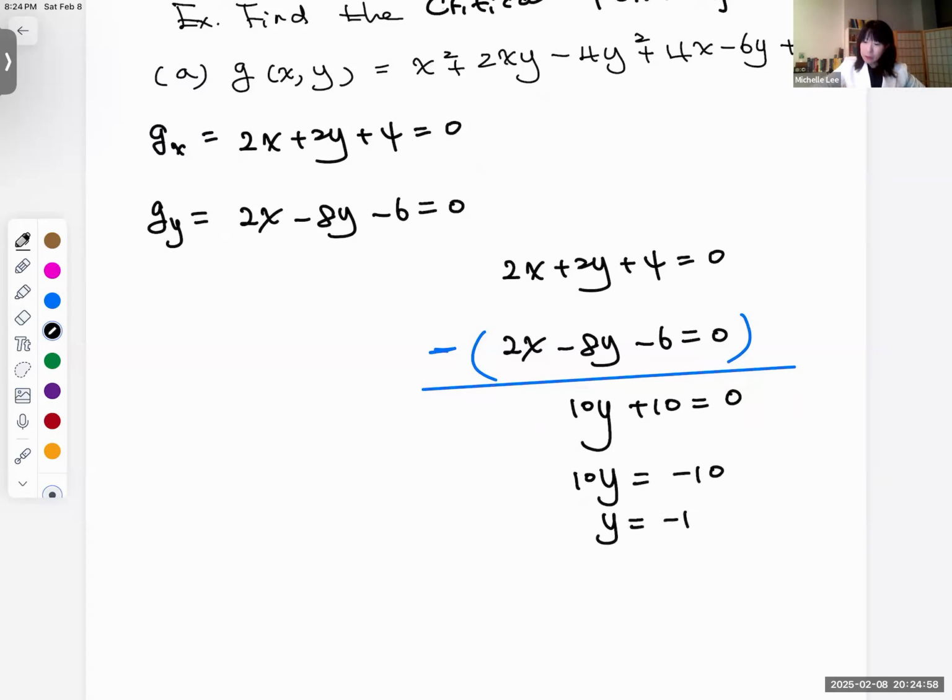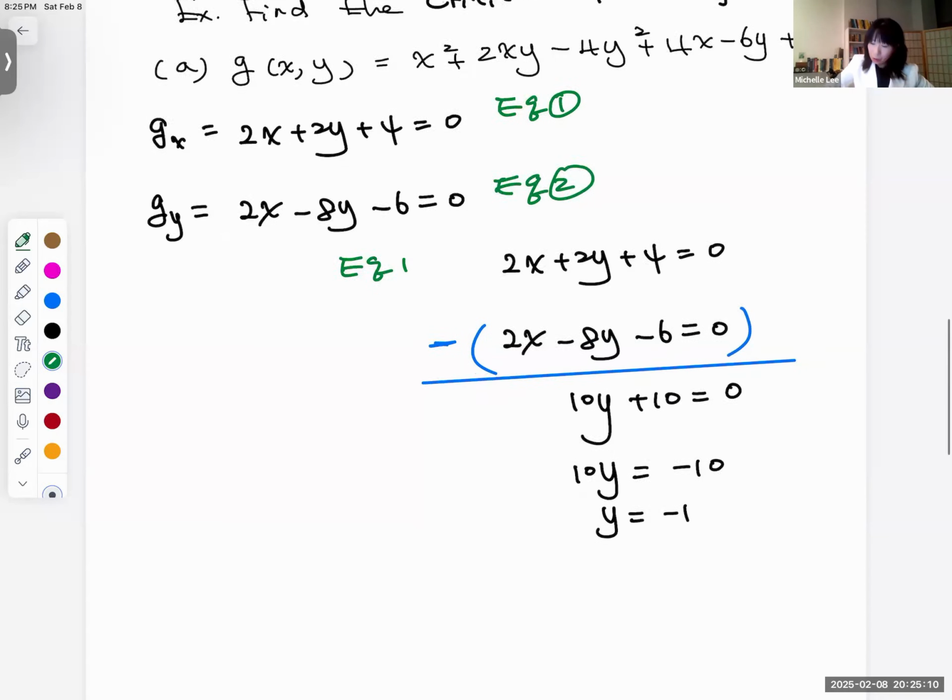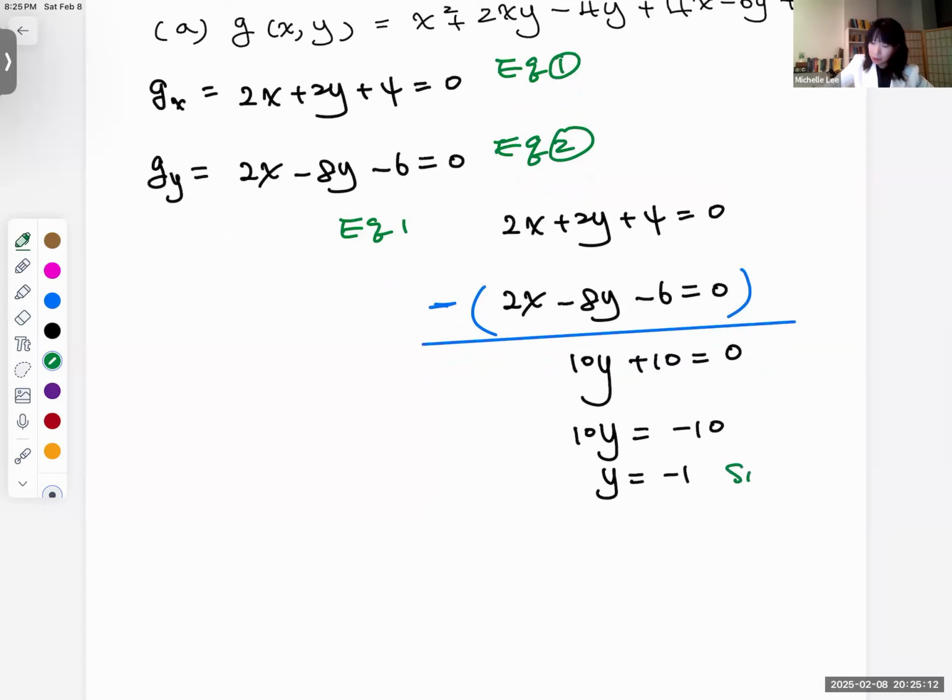This is equation number 1, and this is equation number 2. We want to substitute y from equation 2 into equation number 1.